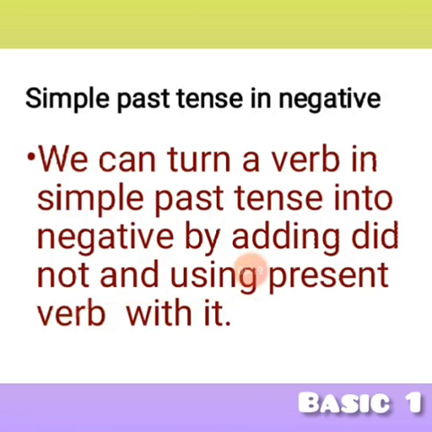We can turn a verb in simple past tense into negative by adding the term did not, and after that we can use the present verb with it. That is to say, we can use did not followed by the present form of the verb.